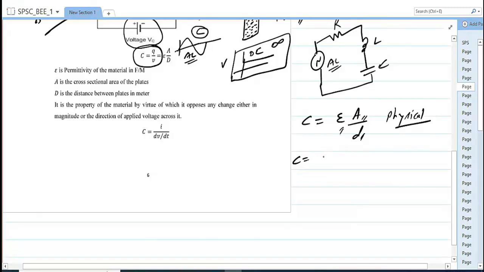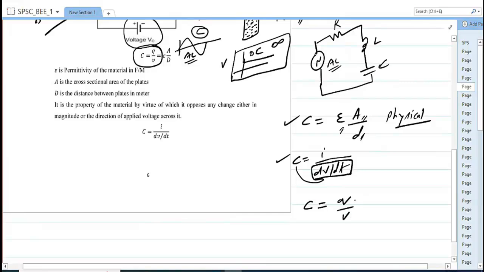Number one is written here. Number two is I = C dV/dt. What is this formula saying? It says the capacitance is opposing the rate of change of voltage. This is the definition according to property number 1. This is the formula according to its physical property. And again, C is equal to what? Q upon V.